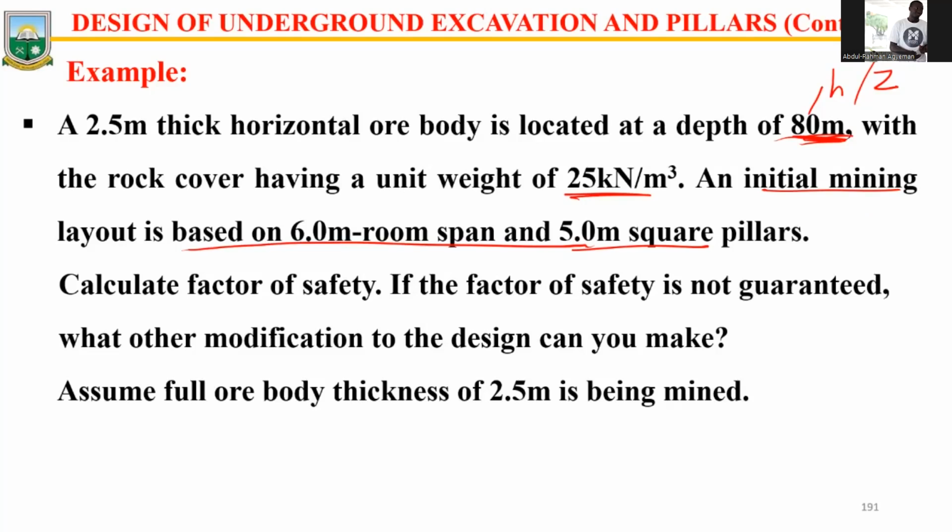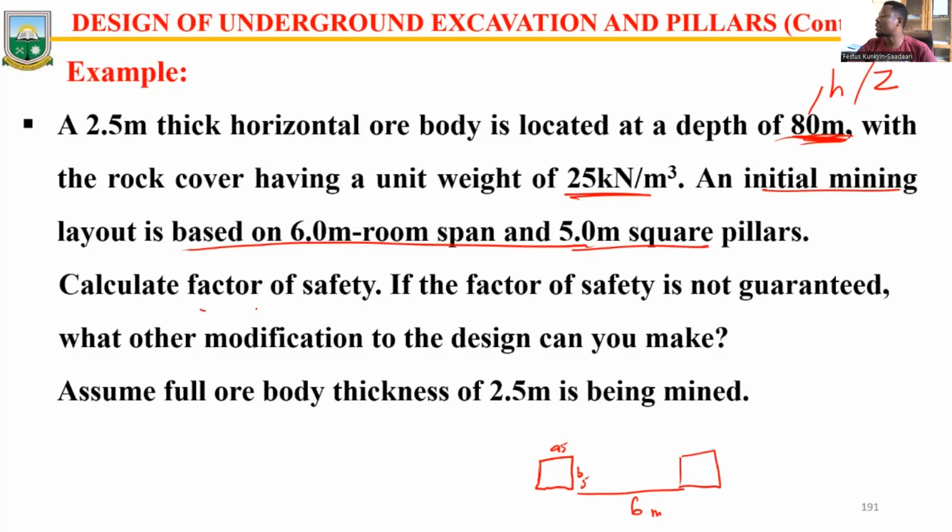That's the A side, and the B side will all be 5 meters. And the distance from one pillar to the other is 6 meters. Exactly. So the length and breadth of our pillars are going to be 5, but the distance between them to the next pillar is 6 meters.